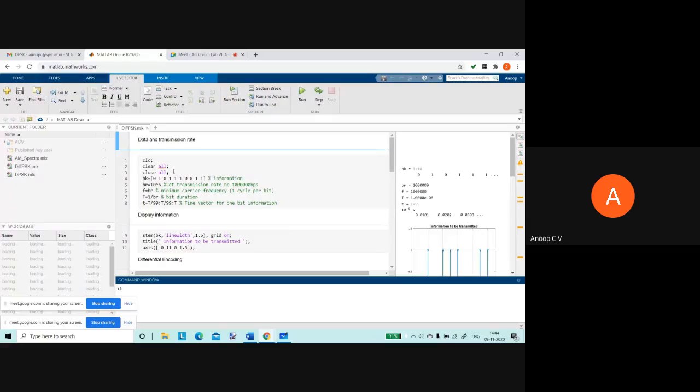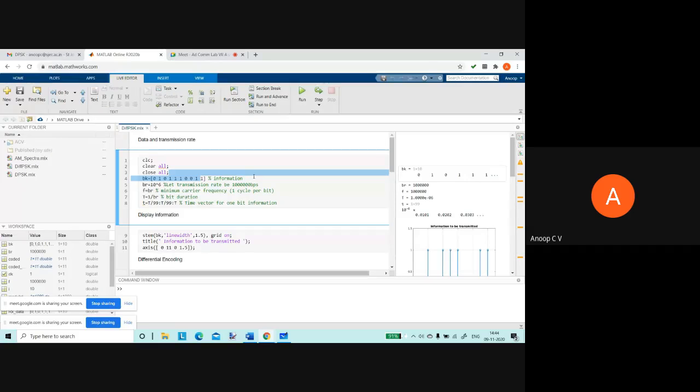So I've already typed in the code here, in Matlab online live script. Are you able to see this? Is it visible, or should I zoom it in a bit? Can anyone give me feedback?